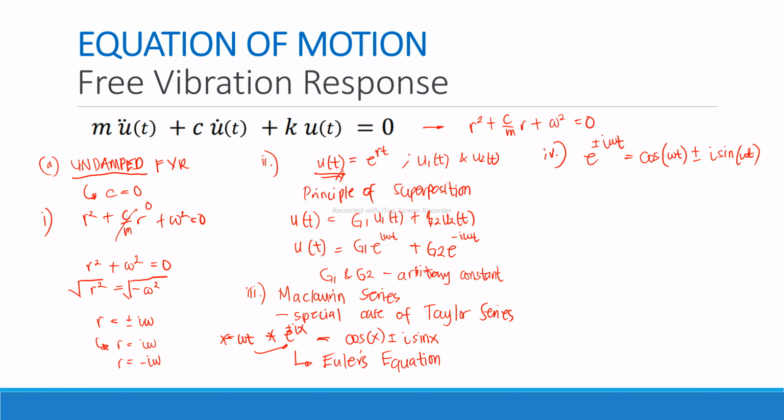This is the expansion of e to the positive or negative i omega t. So we can now substitute this here. In the next video, we will substitute it there.